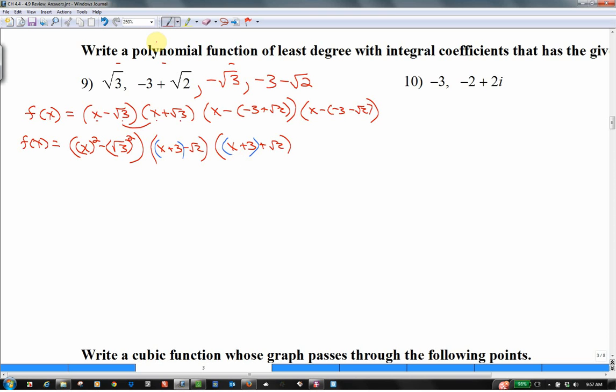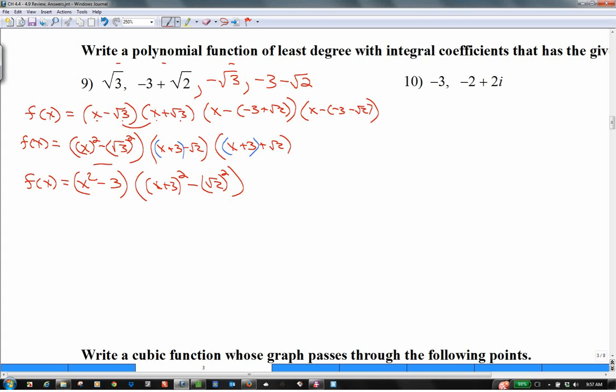So I can write that as a difference of squares. And while I'm doing that, I'm just going to go ahead and simplify the first one. That would be x squared. The square root of 3 squared is 3, so that's what I would have for this first piece. The next piece, once I write it as a difference of squares, would be x plus 3 squared minus the square root of 2 squared.